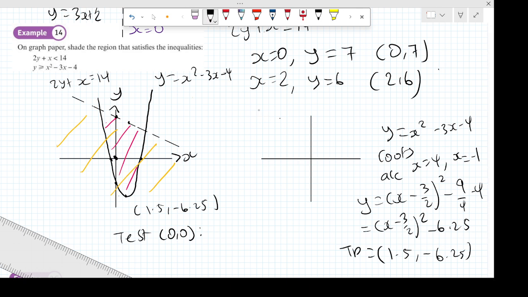Firstly, y less than 14, with y equal to 0, so that'd be 0 less than 14. Indeed, that's true. Then we have y, which is 0, greater than or equal to x squared minus 3x minus 4, that'd be 0 minus 4, where indeed 0 is greater than or equal to minus 4. So that means the pink region should be the shaded region. Okay, there we are.